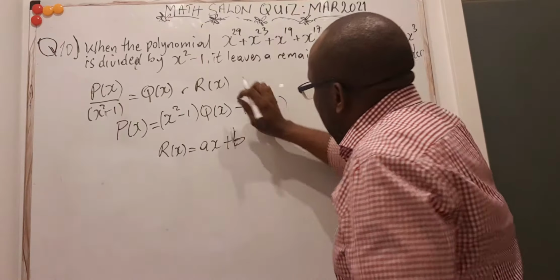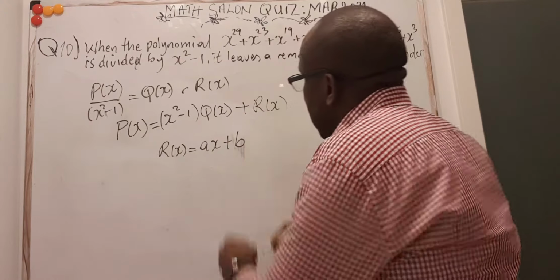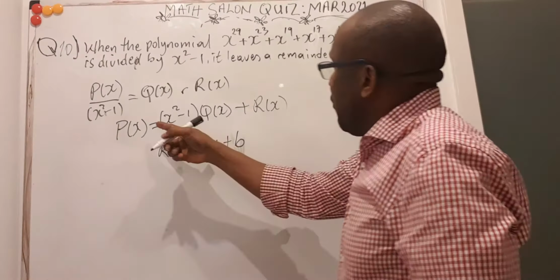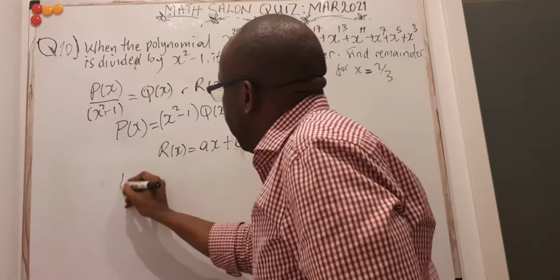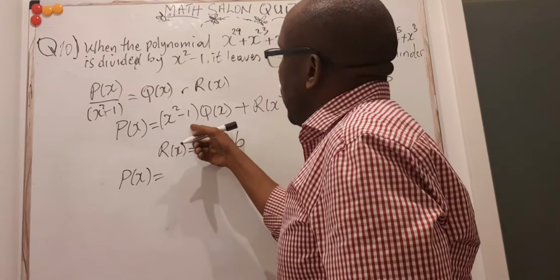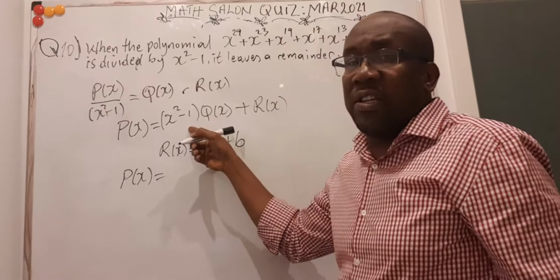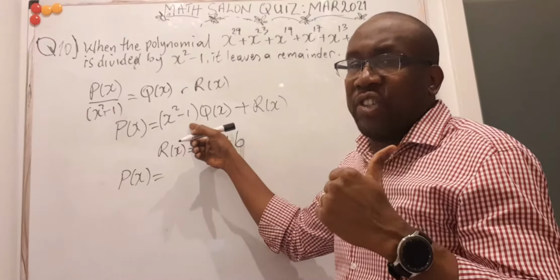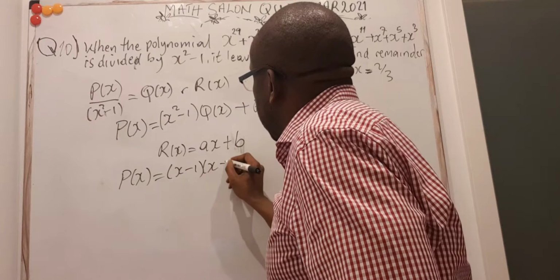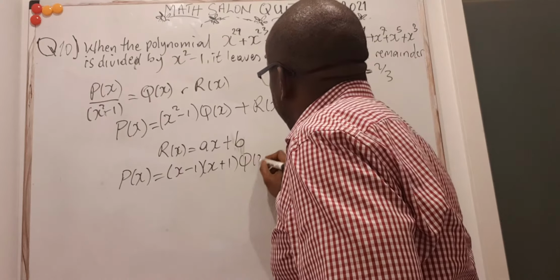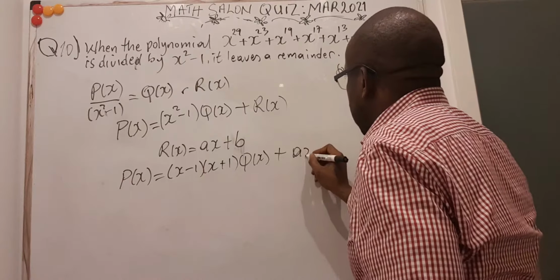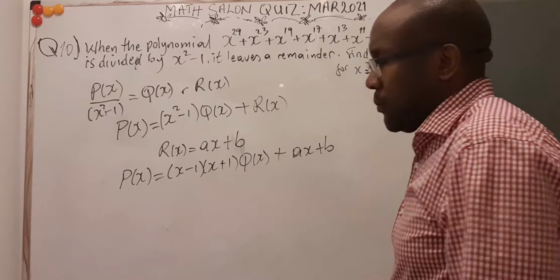That is the way we handle this here. So what is required from us is to look for these constants a and b, given the information that we have. I can write this in a nice form. My p of x will be equal to, this is a difference of 2 squares, so you can factorize that. We already saw that in other videos on the Math Salon channel that you can check as well. So this is x minus 1, x plus 1 times q of x plus ax plus b.